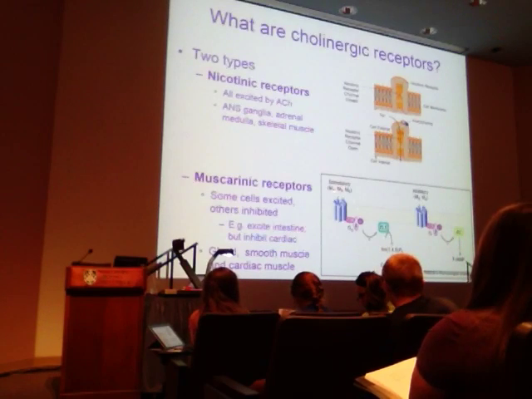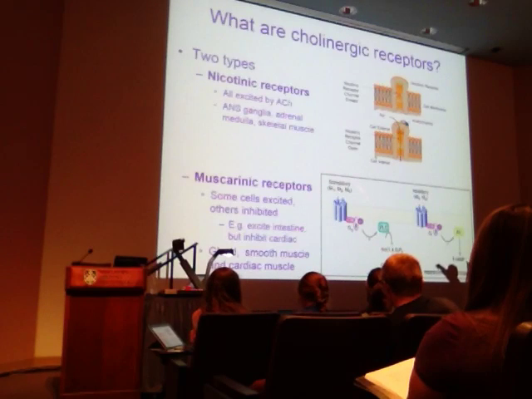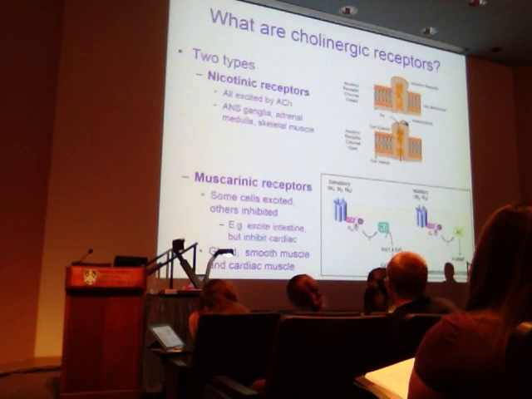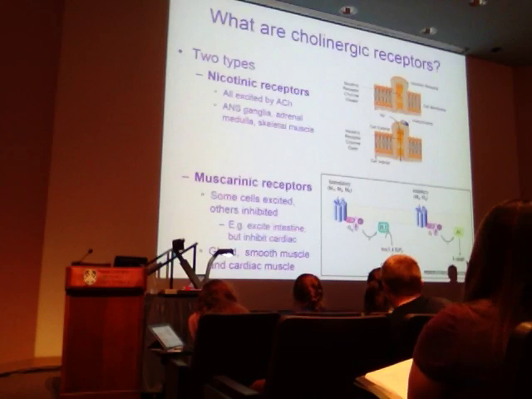So if you look over here, there's M1, 3, and 5, M2 and 4 over here. There's a family of muscarinic receptors. So you can see very quickly that this is even more complex than what I'm presenting. But we're just going to cover the very, very basics in this course.